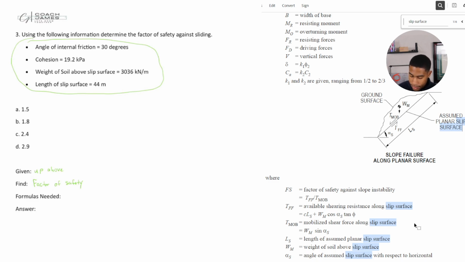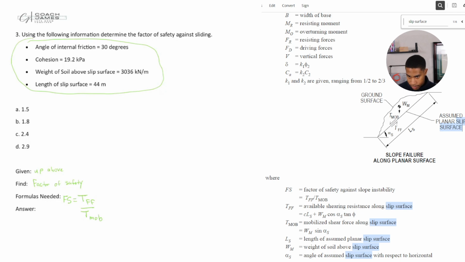Well, I know that FS is equal to TFF over T mob. Okay, so I just copied what I'm seeing here. All right, what else?